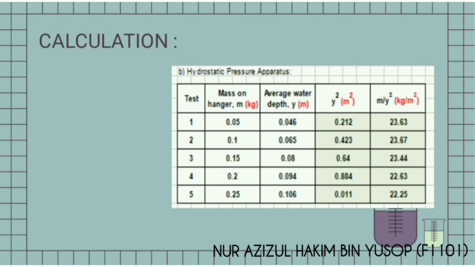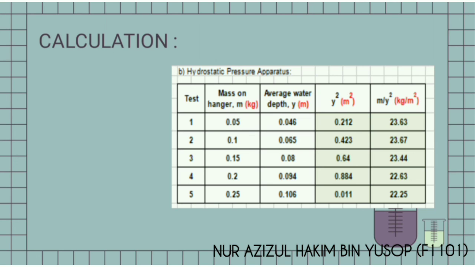Now let's continue with the calculation of hydrostatic pressure. Based on the table, in the first column we have test 1 until test 5. Next we have mass on hanger in kg, then average water depth in meter. We obtain this from the experimental data that we have done.